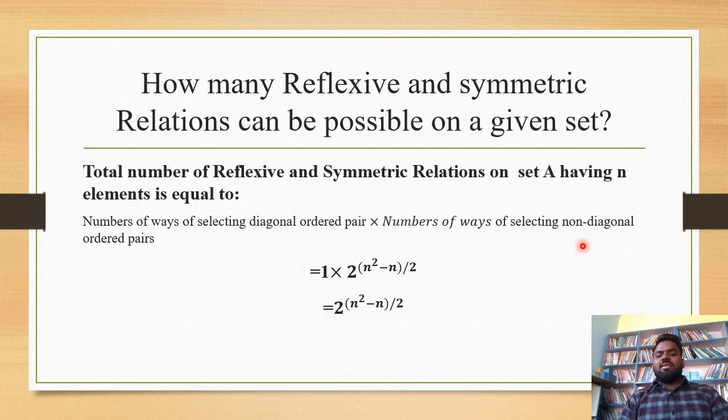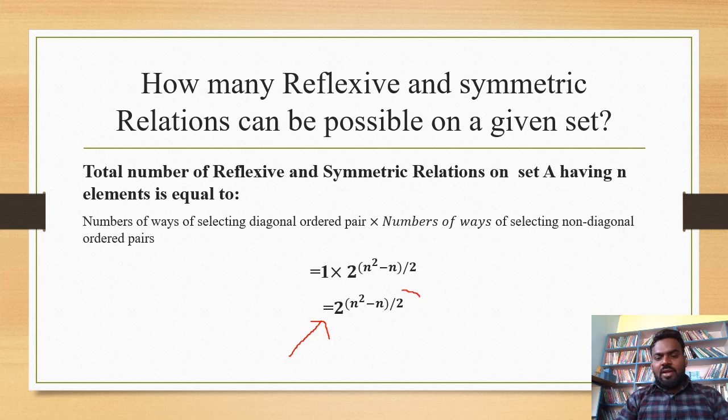How many reflexive and symmetric relations can be possible on a given set? Here is one way to find out. If you multiply the number of ways of selecting diagonal ordered pairs by the number of ways of selecting non-diagonal pairs, you will get the formula to calculate how many reflexive and symmetric relations are possible on a given set.